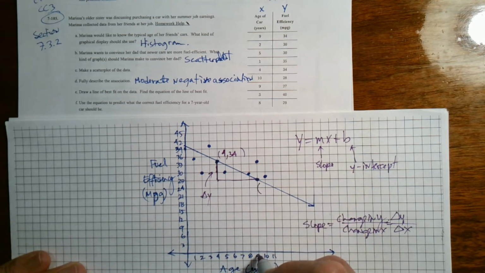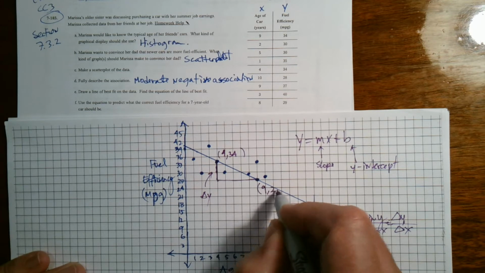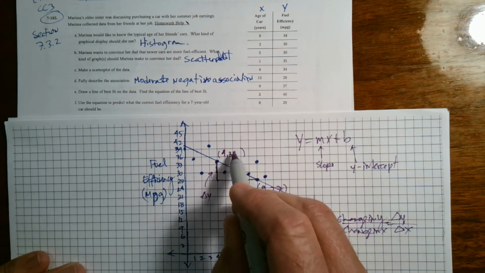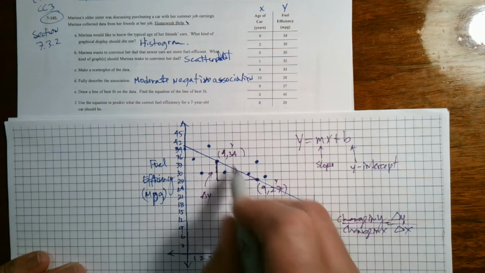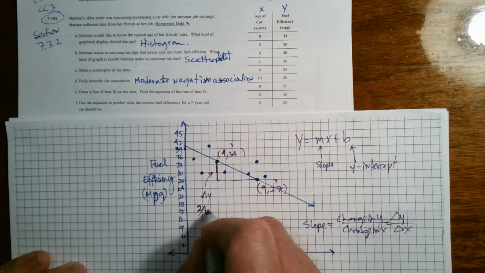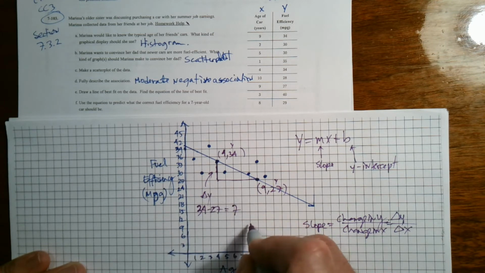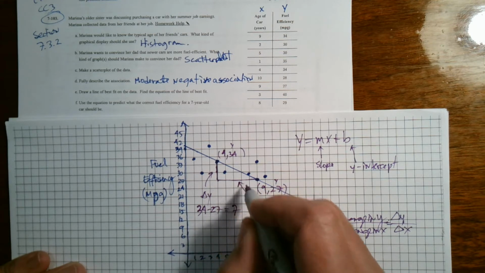That one is 9, 27. So if I'm going from, my Y is this, and this is my Y, so I'm going from 34 to 27. So how do I figure out? I take 34 minus 27, and I get 7. So my change in Y is 7. And then this would be my change in X.